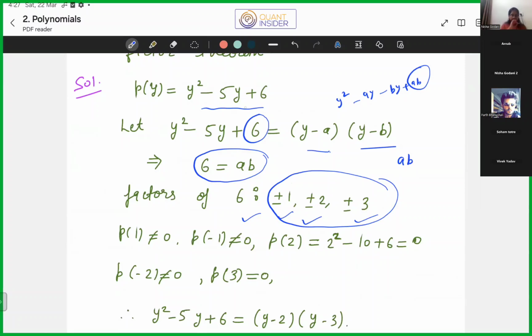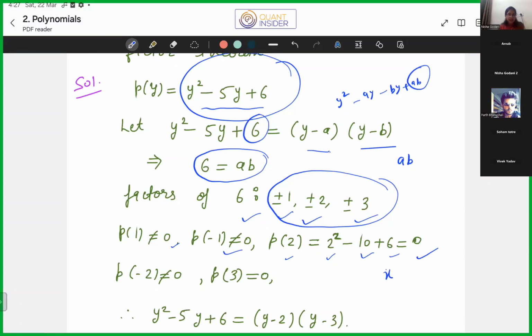When you put it in this p(y), p(1) is not equal to 0. Okay, so it will not give a factor. p(minus 1) is also not equal to 0. When you put 2, 2 square minus 10 plus 6, it is equal to... Okay.